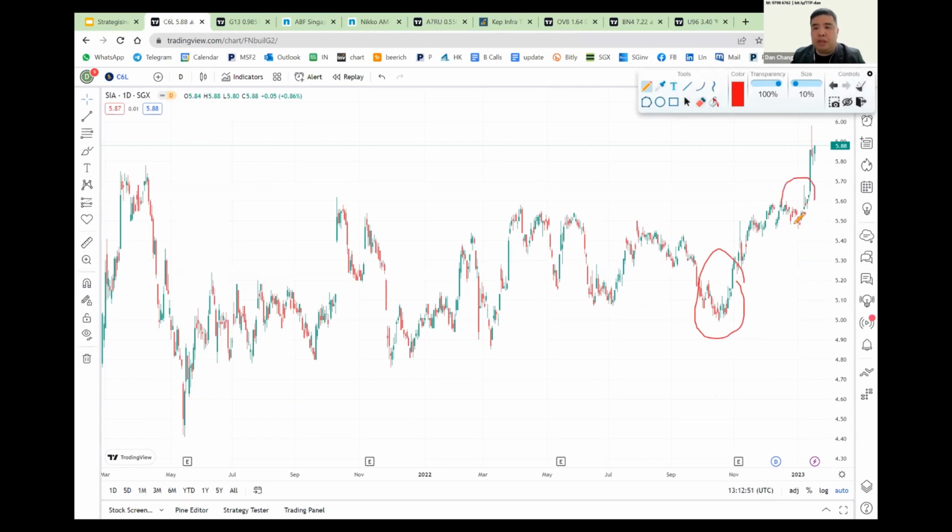This was around the date when the quarantine was actually lifted. You see, throughout this period, the SIA share price has been going up. So it has already been proven that China reopening has a very big impact on SIA, or aviation for that matter.